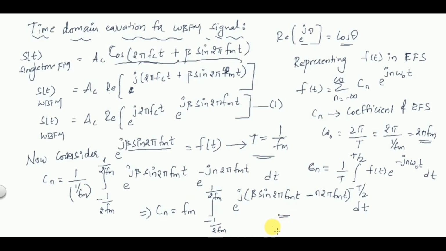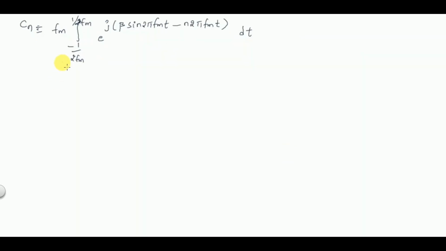Let me take another slide and continue from there. So we have got Cn is equal to this. In the previous slide we have got Cn is equal to FM integral from minus 1 by 2 FM to 1 by 2 FM of e power j beta into sine 2 pi FM t minus n into 2 pi FM t, into dt.